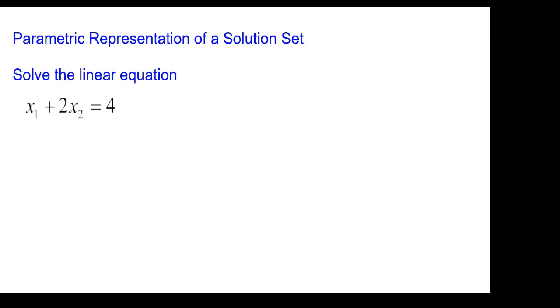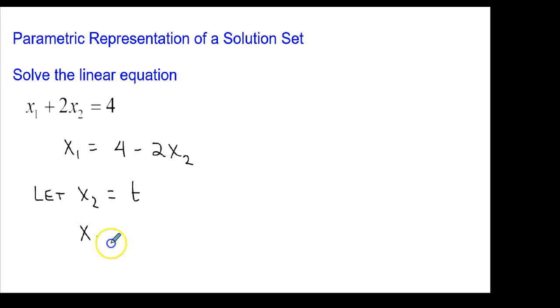Next, we'll look at a parametric representation of a solution set. To solve the linear equation x sub 1 plus 2x sub 2 is equal to 4, we could first begin by saying that x sub 1 is equal to 4 minus 2 times x sub 2. So x sub 2 then is the independent variable. Suppose we let x sub 2 be equal to t.